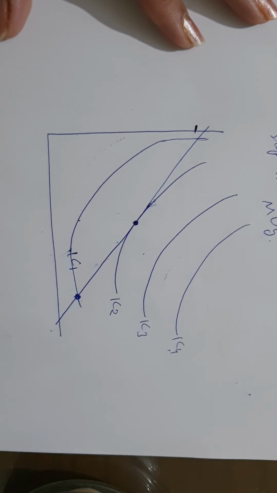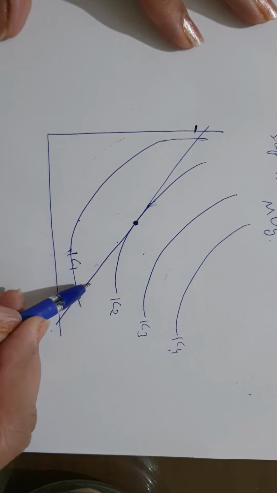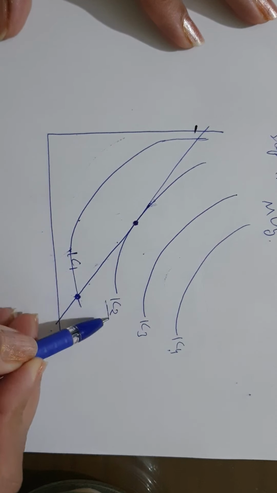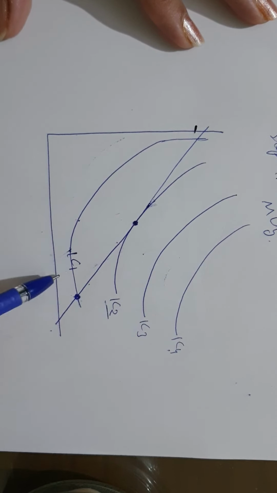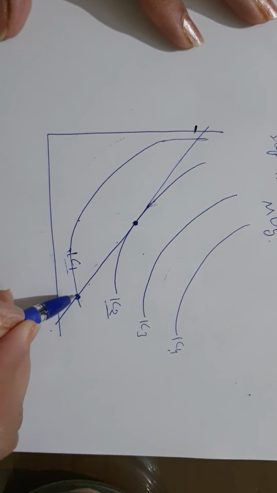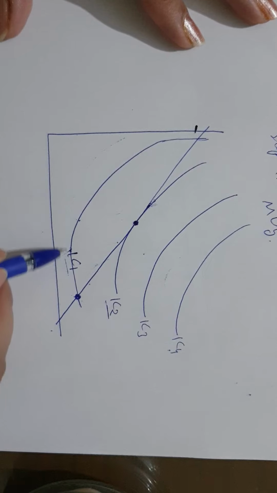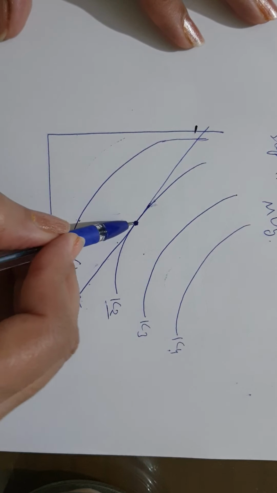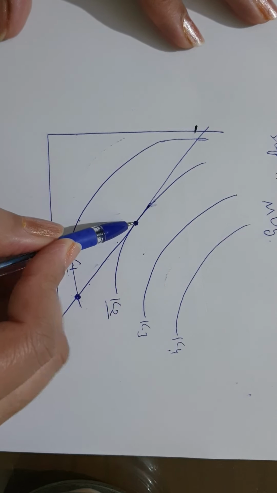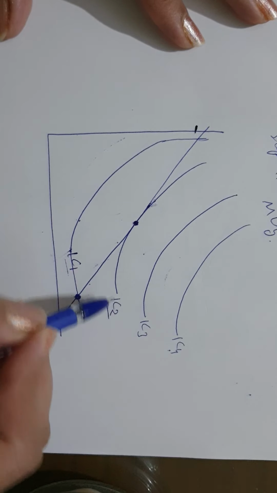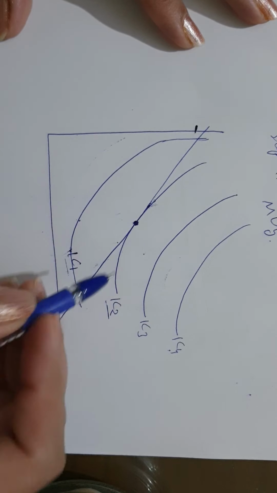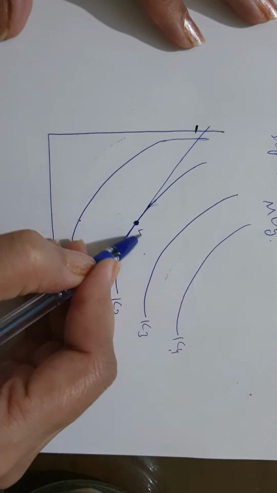What about the satisfaction? It is on a higher indifference curve and it is on a lower indifference curve. So this point is giving you lesser satisfaction as it is on a lower indifference curve. This point will give you more satisfaction as it is on a higher indifference curve. So you will prefer this point.